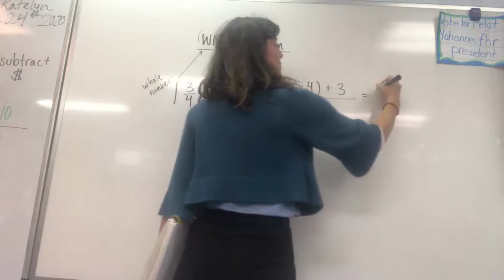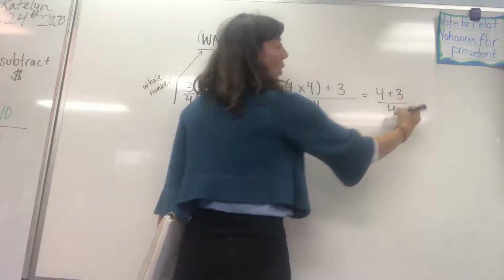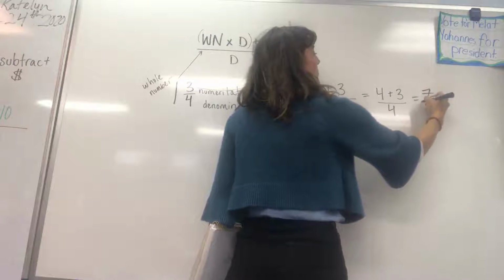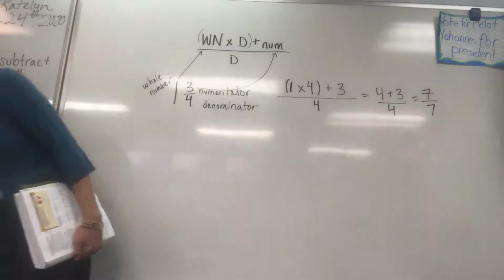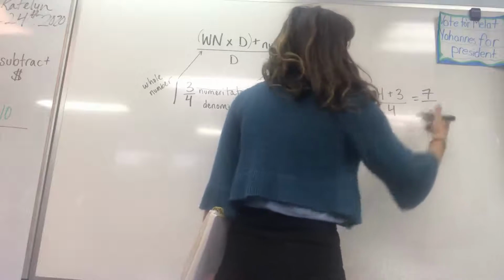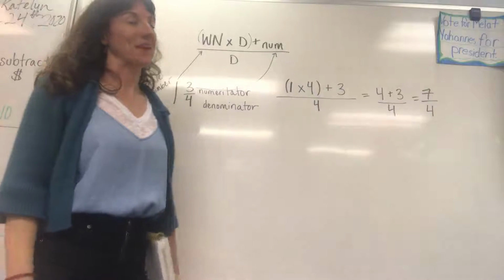And so it looks like this. 1 times 4 is 4, plus 3 over 4. And one more time, 4 plus 3 is 7 over the number 4. Okay?